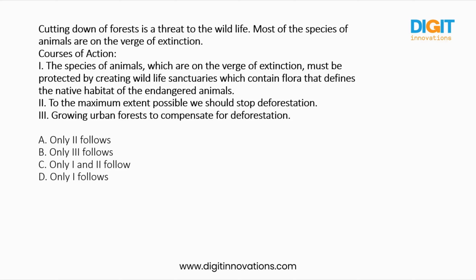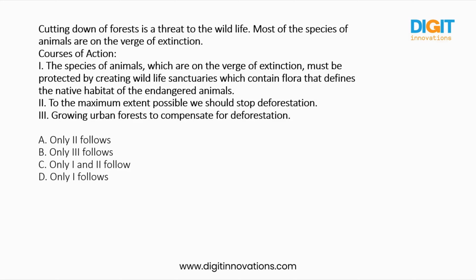What sentence follows? Okay, due to the cutting down of forest, there is a threat to wildlife and most species face extinction. The first one: the species of animals which are on the verge of extinction must be protected by creating wildlife sanctuaries. Okay, this is accepted because the wildlife which is becoming extinct should be protected, right?